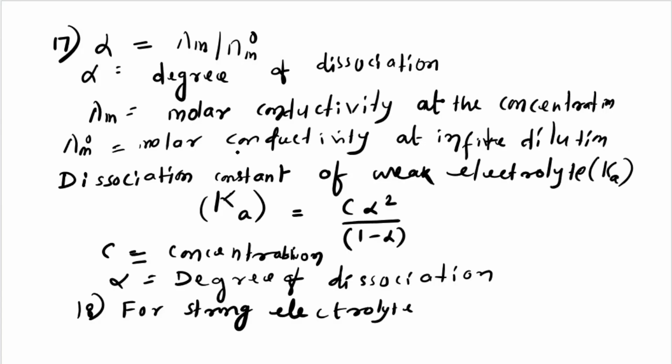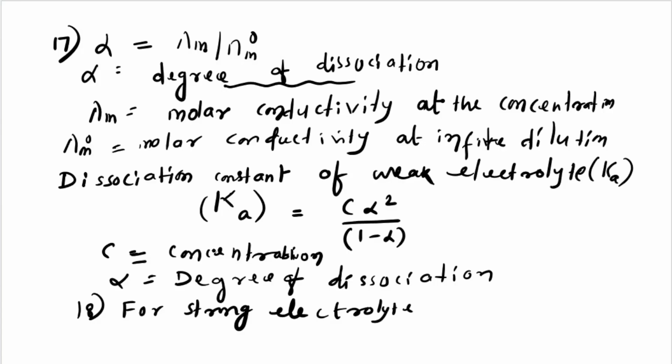Alpha is very helpful for weak electrolytes. Lambda m is the molar conductivity at the concentration, and lambda m 0 is the molar conductivity at infinite dilution. You can put 0 or the infinity sign.